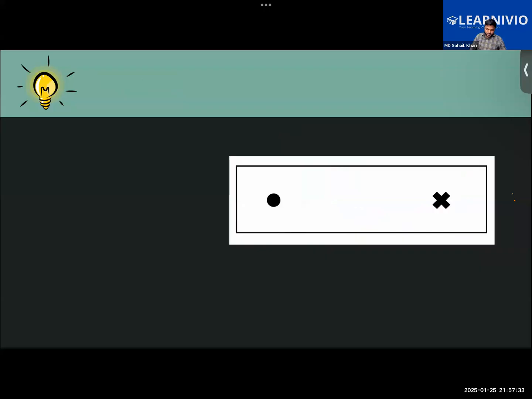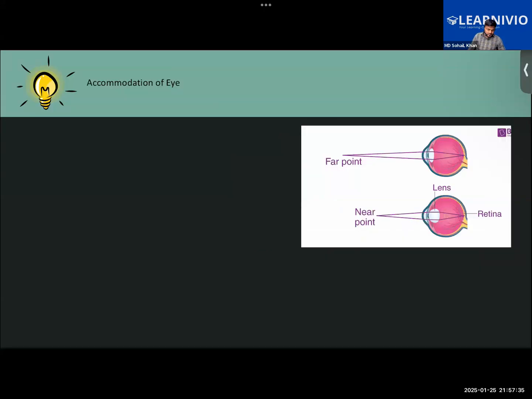Okay. Then talking about the accommodation of the eye. As I told you, accommodation of the eye basically refers to the capability of the lens of the eye to change its shape to focus on objects that are kept at different distances, right? And we don't have control over it, just like you don't have control over the breathing or your heart rate. Can you control the size of the eye lens?